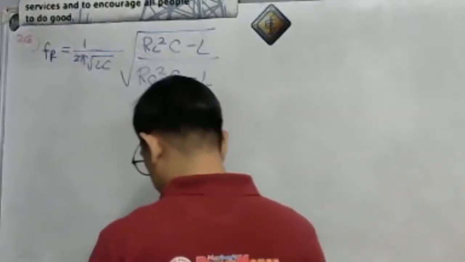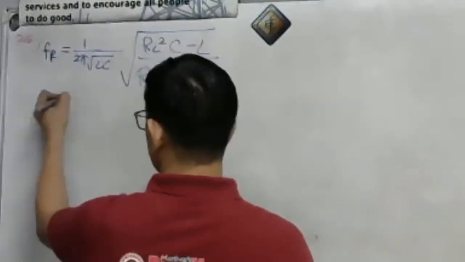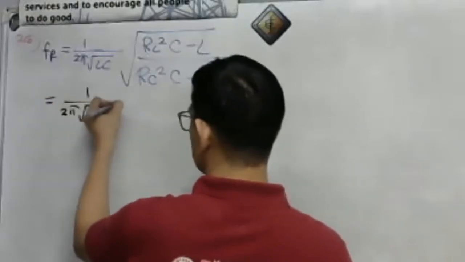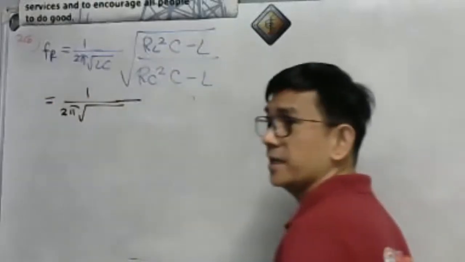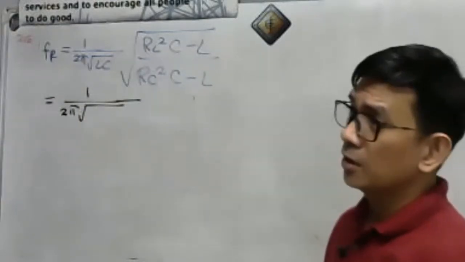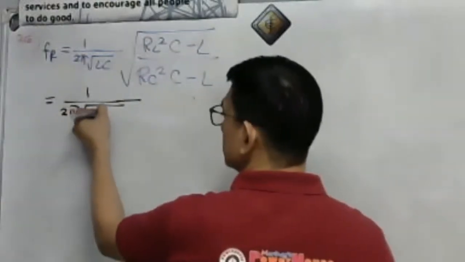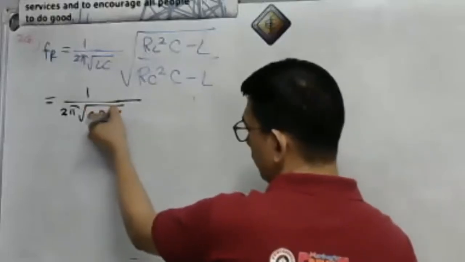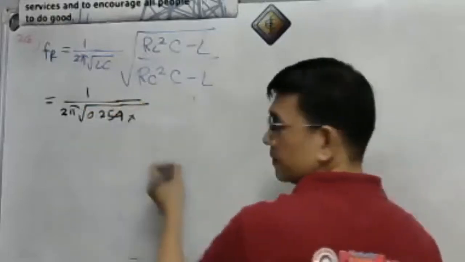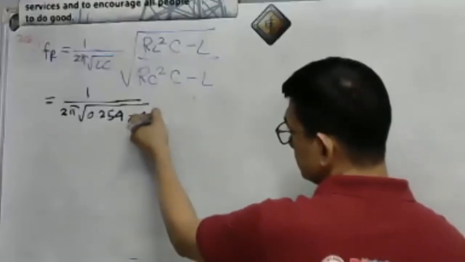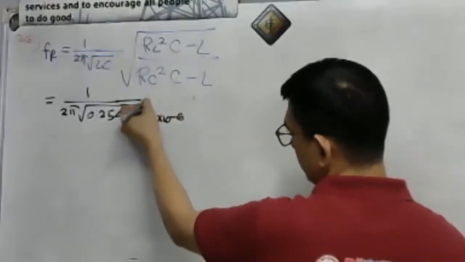I'll just substitute all the given values here. 1 over 2 pi. Substitute lang po natin lahat yan. This is just a direct substitution problem. So, we have our L that is 0.254. Our C is 40 times 10 raised to negative 6.